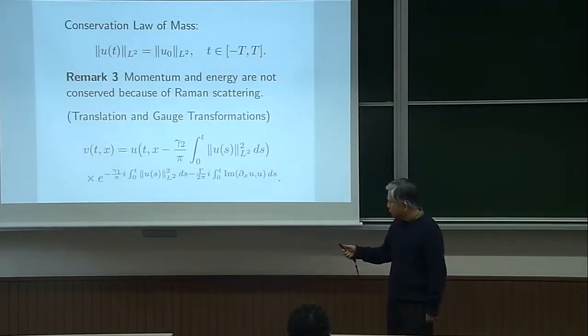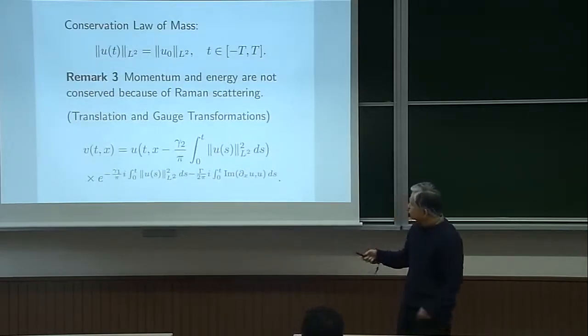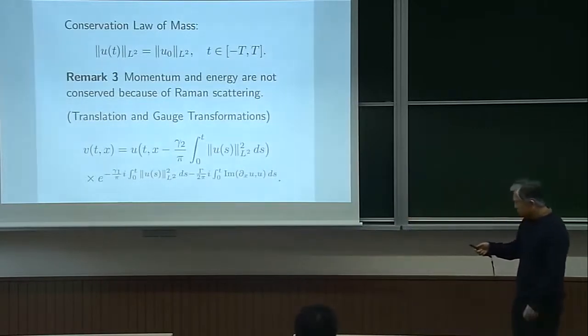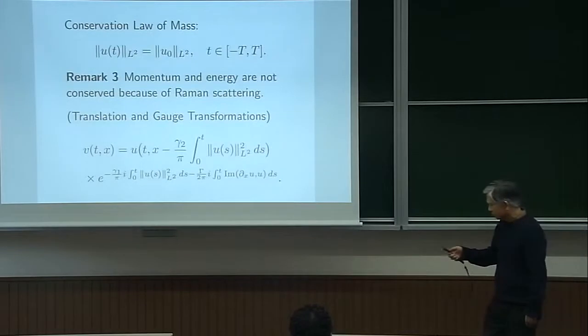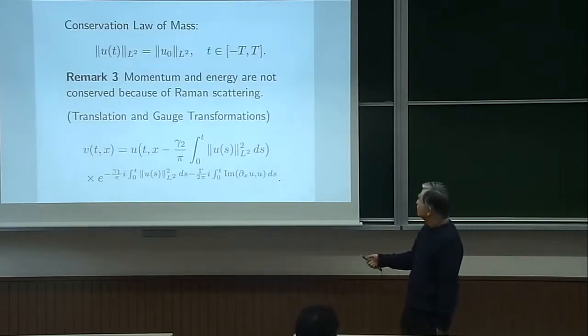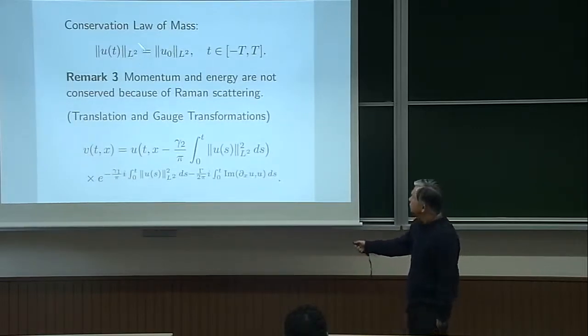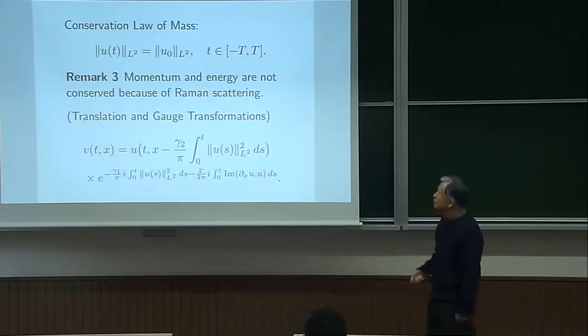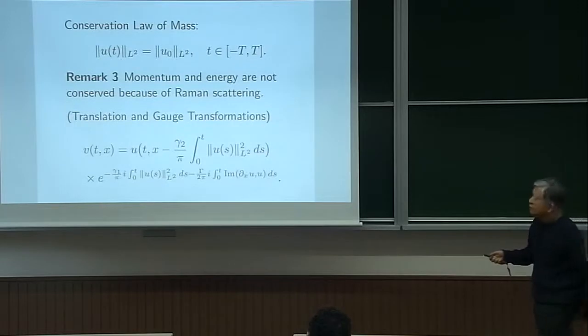So let me assume a solution U exists in a certain function space. Then equation 1 has a conservation law of mass. That is, the L2 norm of the solution is conserved as long as the solution exists.